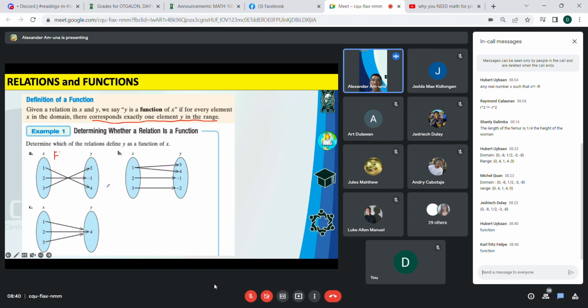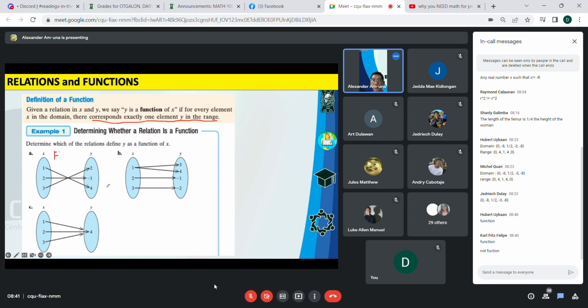How about letter B? Is it a function or not a function? Okay. So Carl said it's not a function.